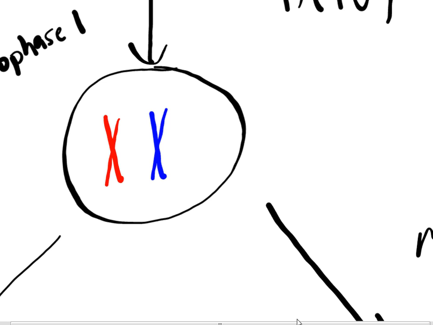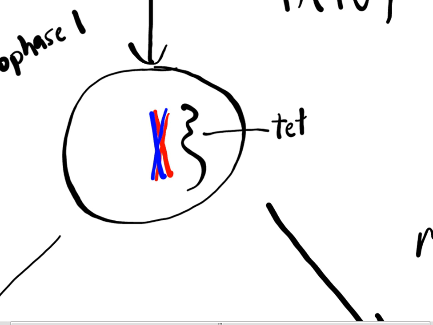However, different things. These two homologous pairs are actually going to line up very close to one another so that similar parts of each are touching one another, kind of like lining your hands up together so that your fingers line up perfectly with each other. This structure that is formed is called a tetrad.